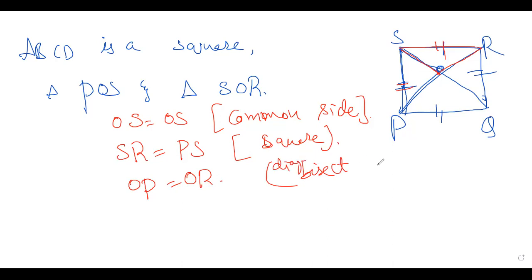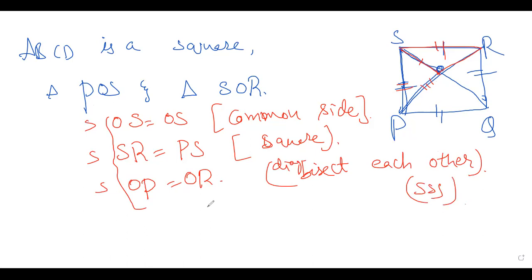Diagonals bisect each other. Okay, so by side, side, side, we have proved three sides are equal. So by the SSS rule, we can say triangle POS is congruent to triangle SOR.